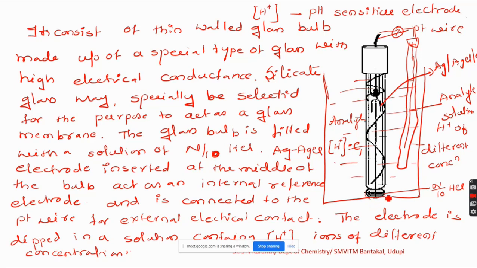The glass bulb is filled with N by 10 HCl solution, and a silver chloride electrode is inserted in the middle of the bulb, which acts as an internal reference electrode as well as for external electrical contact. It is connected to a platinum wire, which is in turn connected for external electrical contact. This electrode is dipped in a solution containing H plus ions of different concentration.